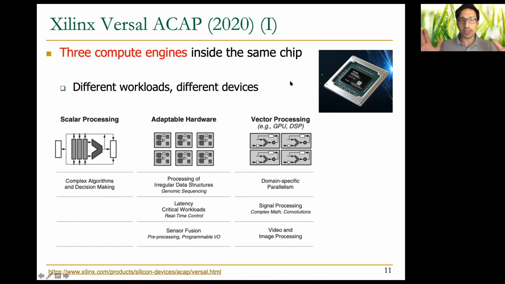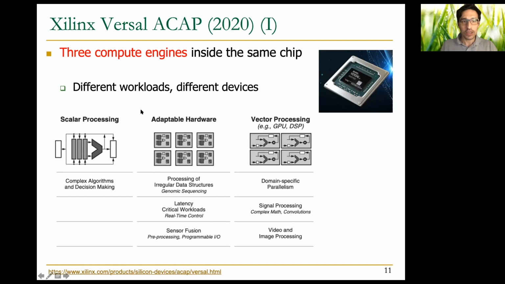What this Xilinx Versal contains is, inside the same chip, 3 different types of devices. They are there because they are good at different workloads.